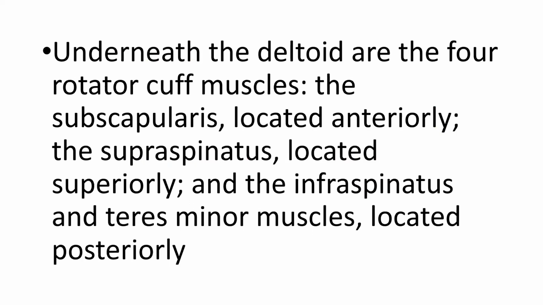Underneath the deltoid are 4 rotator cuff muscles. The subscapularis is located anteriorly. The supraspinatus is located superiorly. And the infraspinatus and teres minor muscles are located posteriorly. So you can see it's surrounded by these muscles.